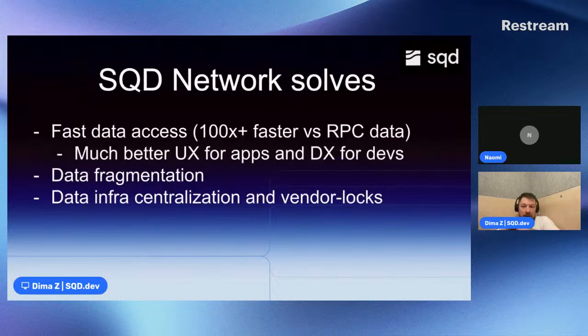What problems does SQD network solve? So first of all, it's very fast data access. And it is already hundreds of times faster compared to what you get from querying RPC nodes for many reasons. First of all, the RPC nodes internally have a very specific database which is not really designed for queries, for searching the data.